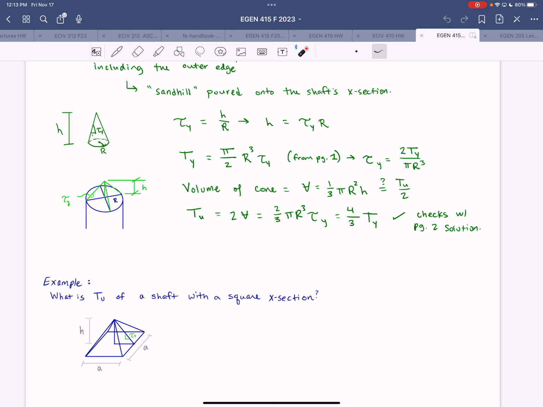Yeah. This is similar to how the hoop and longitudinal stress formulas were derived in mechanics of materials. At least when I taught the class, that's how I presented it, and I don't know if any of you took it from Dr. Madison, but that's how she presents it as well.